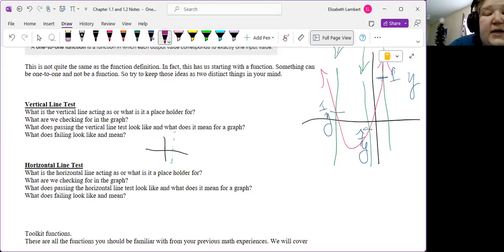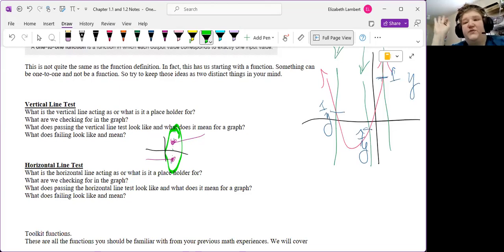There is our x value. So even if on the left side it's only one, and on the right only the other, all it takes is one spot for there to be two y values for us to say not a function.